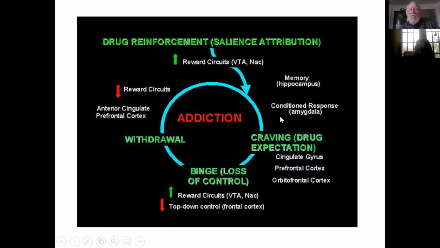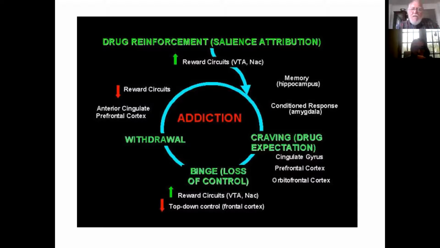But now when we look at it, we have to basically ask, when in the world are we, whatever drug that we're getting, where are we in terms of drug reinforcement or drug dependence?